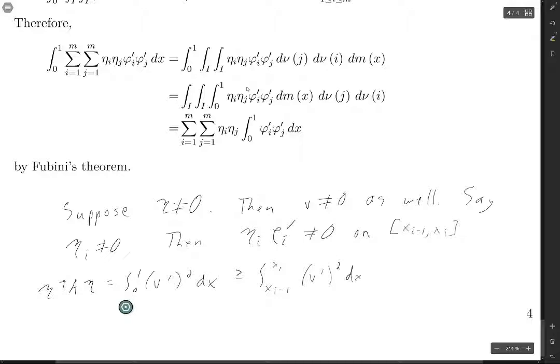Let's see here. Oh, this is tough to do on the fly. Okay, let's see here.